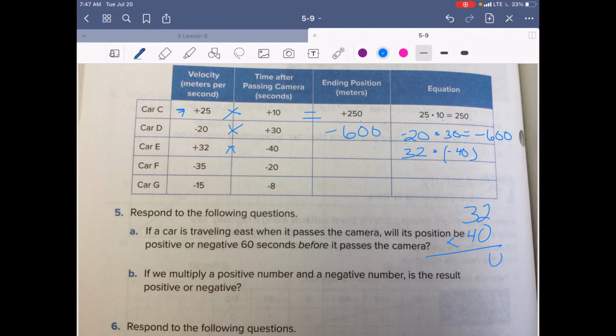Well, I'm just going to bring down my 0 because that's going to give me zeros. 4 times 2 is 8. 4 times 3 is 12. So I'm going to have 1280, and again I have a negative number, so it's going to be negative 1280. Try the next two on your own.